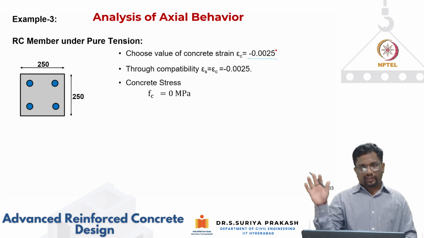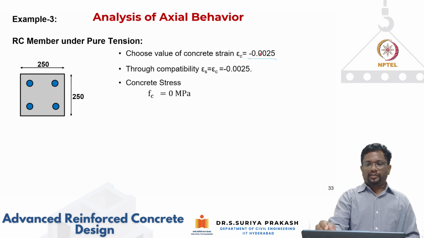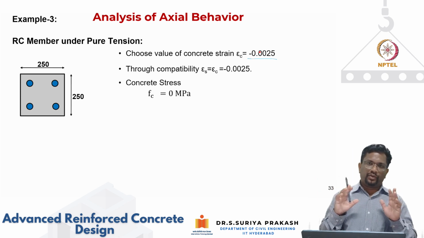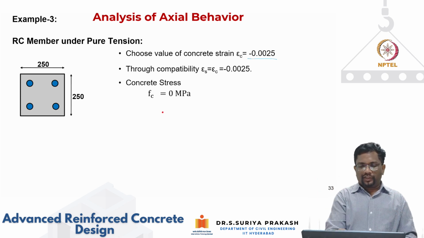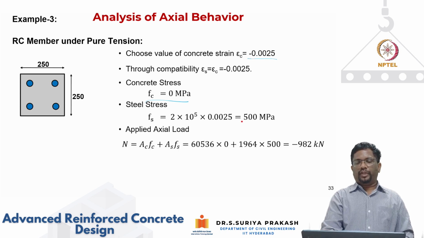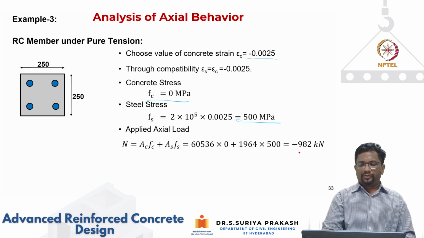However, concrete is now cracked. Okay, so at a strain of 0.0025, concrete is completely cracked. It is not going to offer any load resistance in tension. So that is why I'm taking the FC value as 0 megapascal. Okay, so you keep continuing this exercise, and Fs becomes the maximum value of yield stress corresponding to 500 megapascal. So when you substitute it, you get a value of 982 kilonewton.